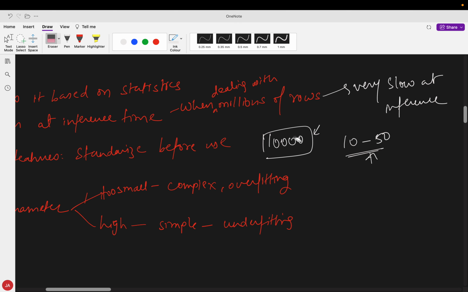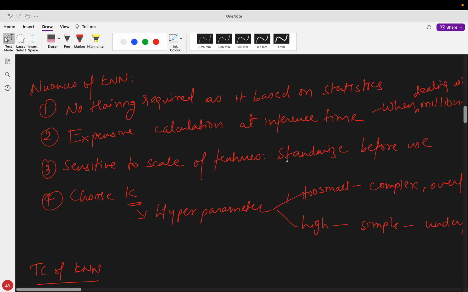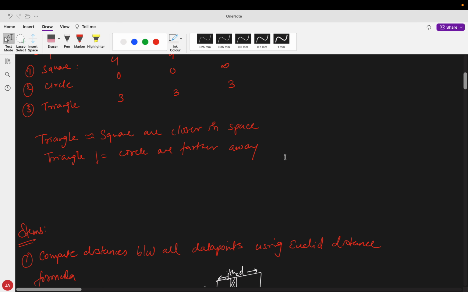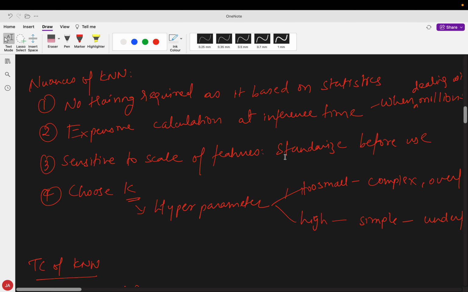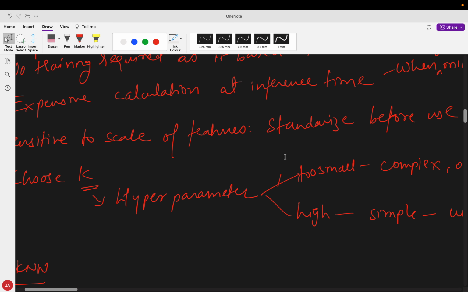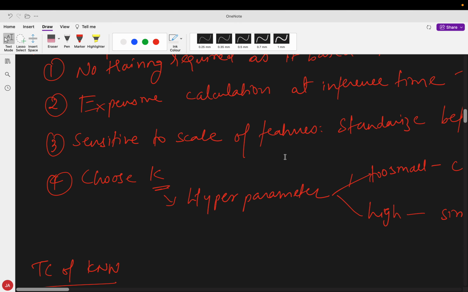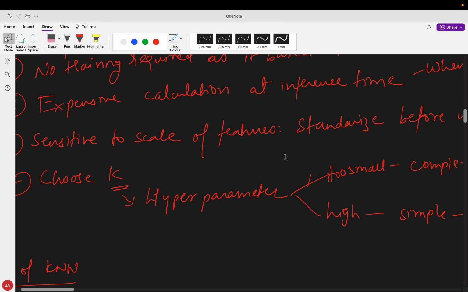So this feature will entirely drive the prediction, which we don't want to happen. We want every feature to contribute equally, so that my final prediction is a correct reflection and it can find the correct neighbors. So we should standardize the scale before using KNN.